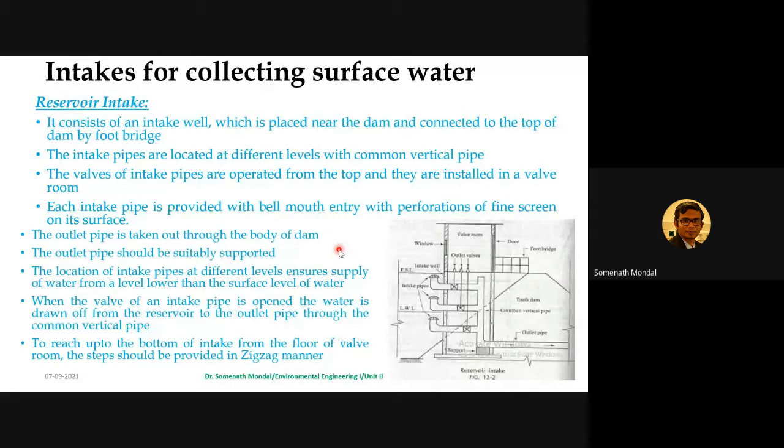And to reach the bottom of the intake from the floor of the valve room, the steps should be provided in a zigzag manner, which has not been shown over here, but that should be provided.